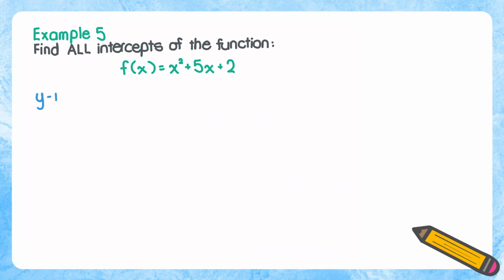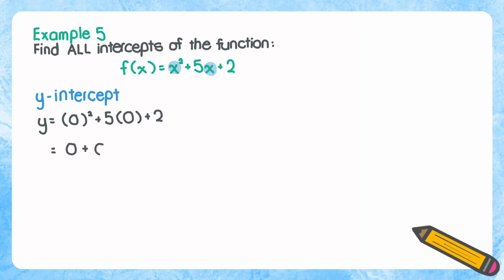So hopefully as you walk through more examples, you see the simplicity of finding the y-intercept. So again, we're just setting x equal to 0. So we have y equals 0 squared plus 5 times 0 plus 2. 0 squared is 0, and 5 times 0 is 0.